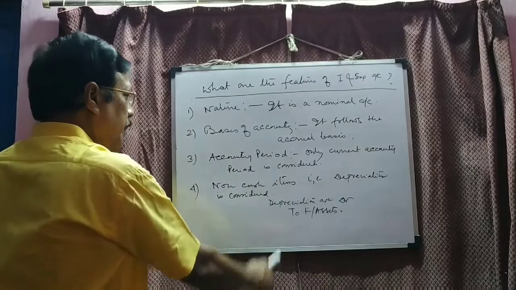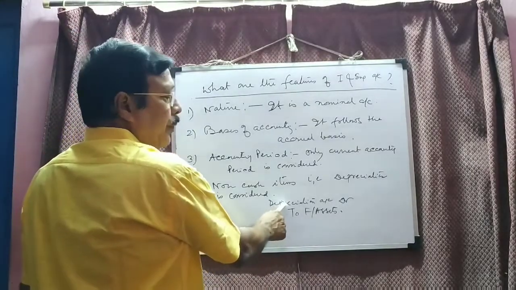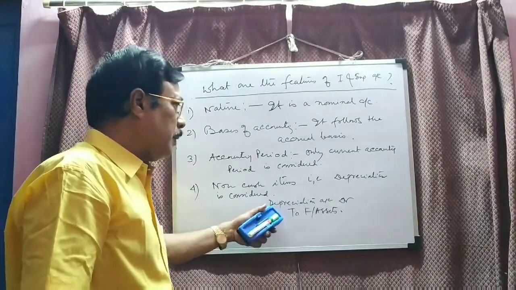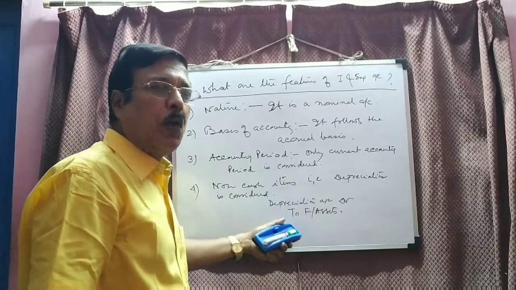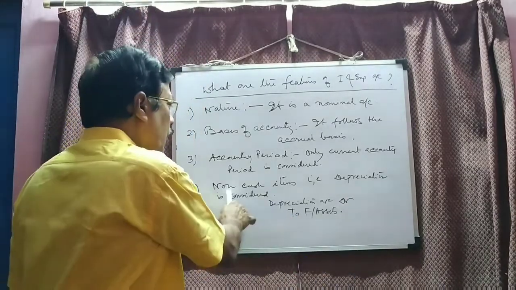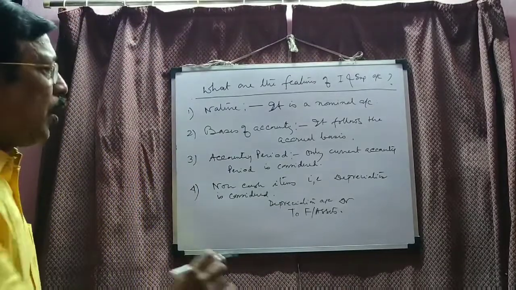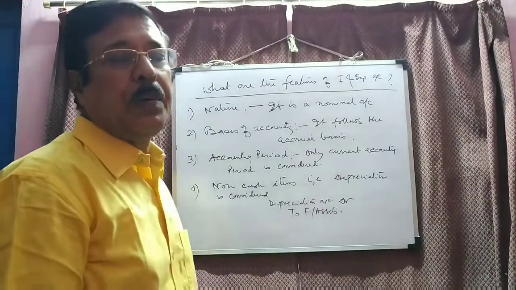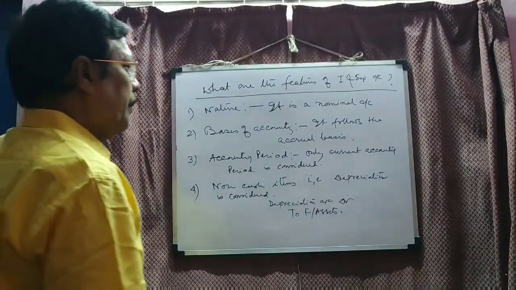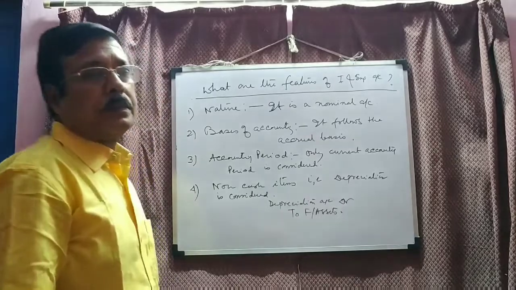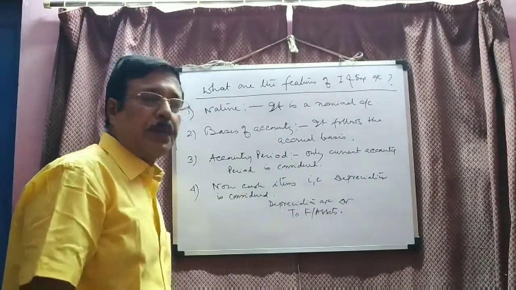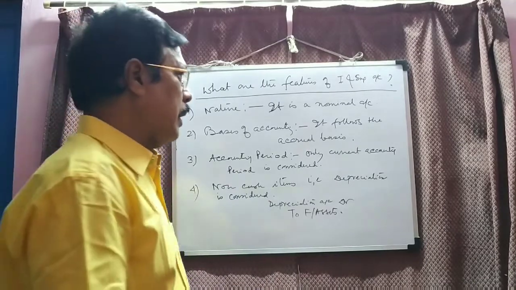But for this depreciation, value of asset is decreased, but there is no outflow of cash. So it is called non-cash item. And this non-cash item must be considered when we prepare the income and expenditure account. Clear? But in case of receipt and payment accounts, no non-cash items will be considered.